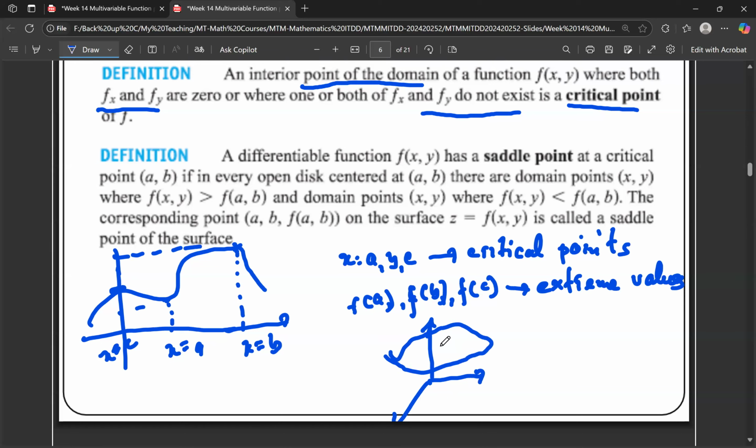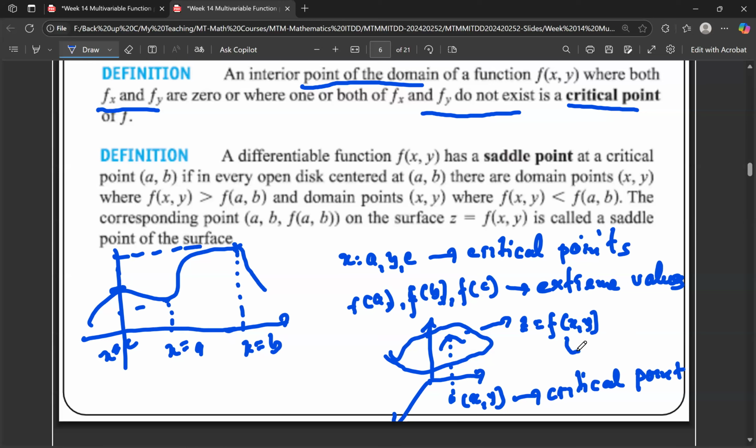And here might be the extreme value somewhere on the surface, and then the point x and y here, and this is the tip point z at x and y. So this point will be called a critical point, and the function value will be called the extreme value.